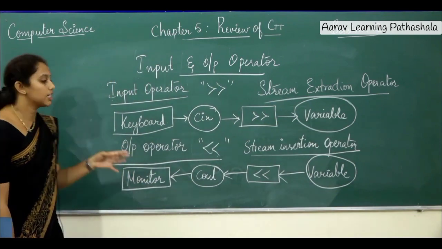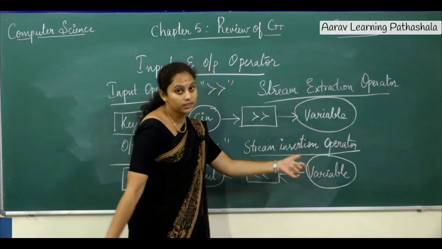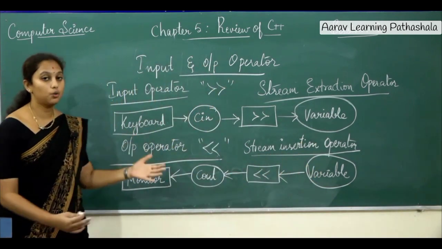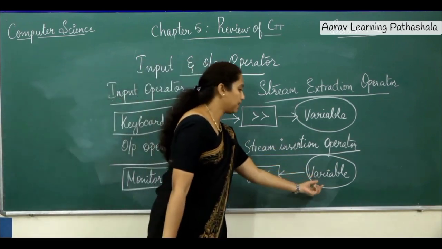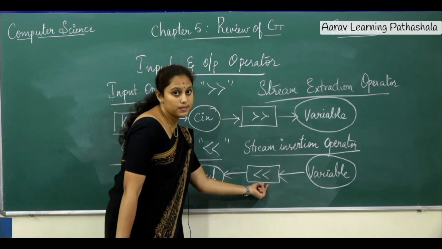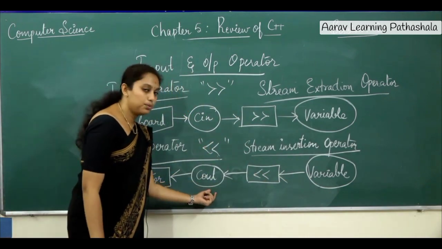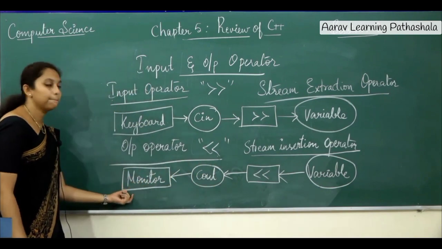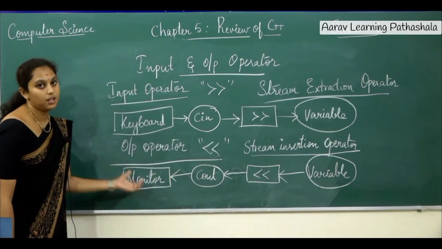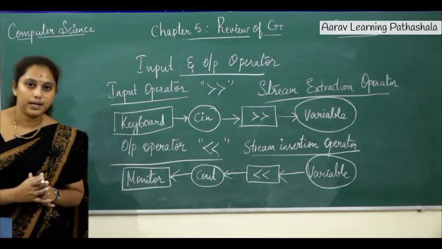We are displaying the value of the variable which was extracted from the input device. How? We display the value of the variable using the stream insertion operator followed by the cout object followed by the standard output device, that is the monitor. So this is about input and output operators.